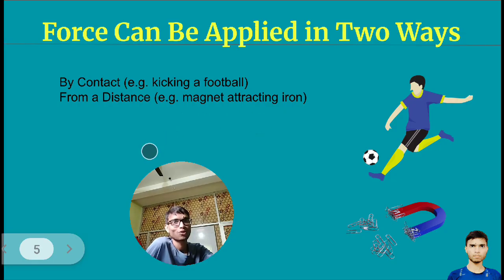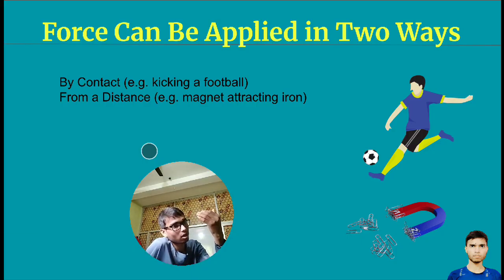From a distance, it will be invisible, and it happens with gravitational force, and it happens with a magnet. Here the magnet is here, and irons, magnetic materials are here. This magnet will attract from a distance. The magnet is not in contact with this object, it is in front of this magnetic material.